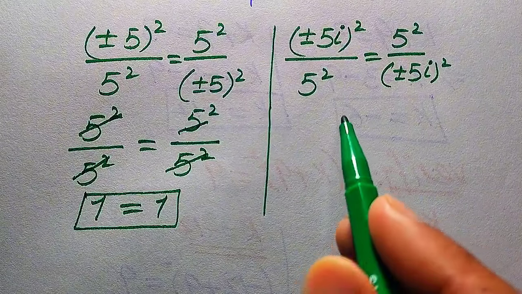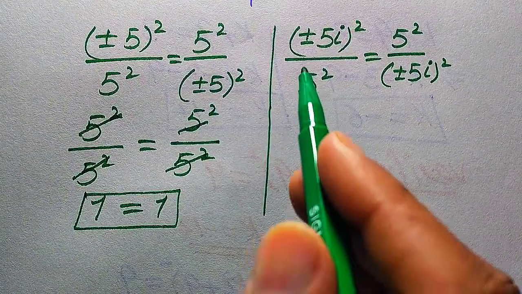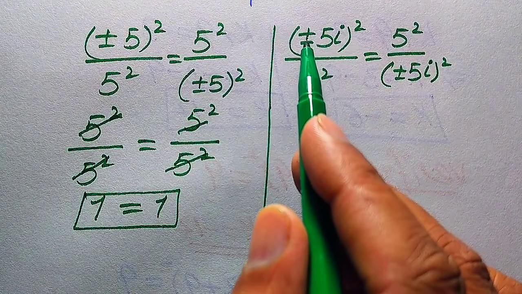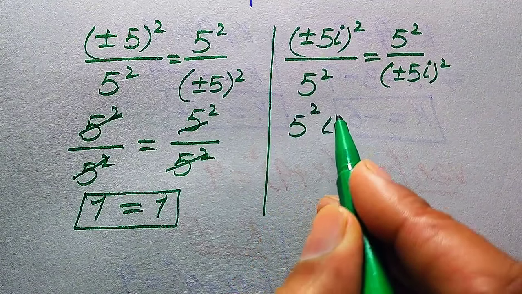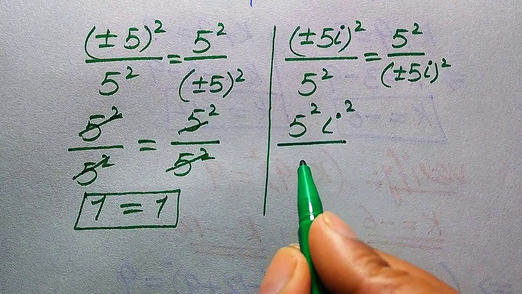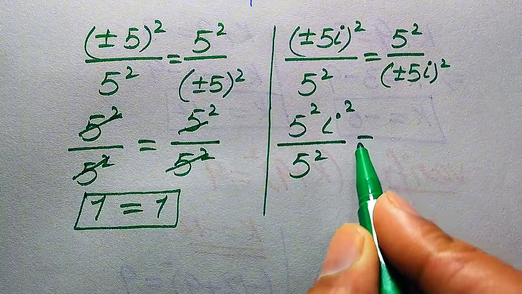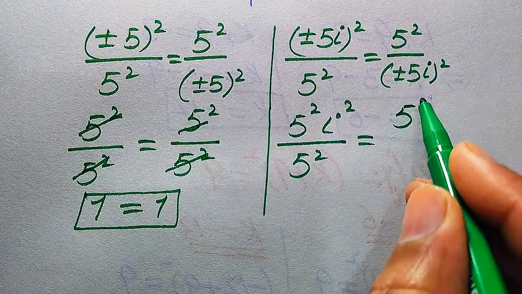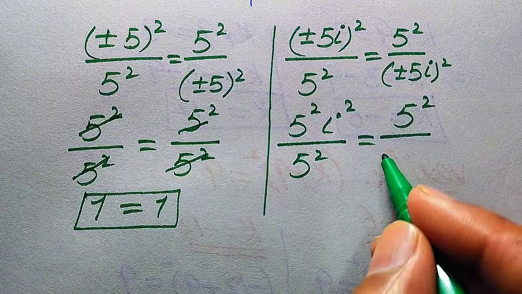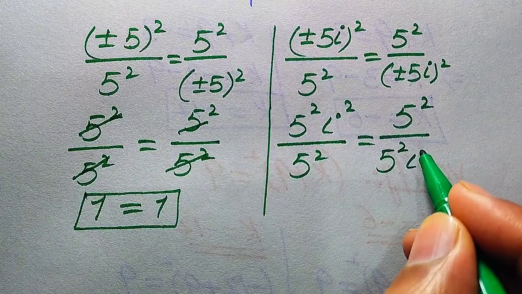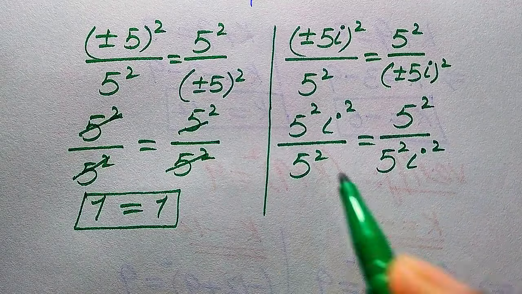In the same pattern we need to verify this case, and here again the square of the plus minus sign becomes plus, the square of 5 becomes 5 square, the square of iota becomes iota square, and this is 5 square equals, in the same pattern 5 square divided by the square of plus minus sign becomes plus, the square of 5 becomes 5 square, and the square of iota becomes iota square.